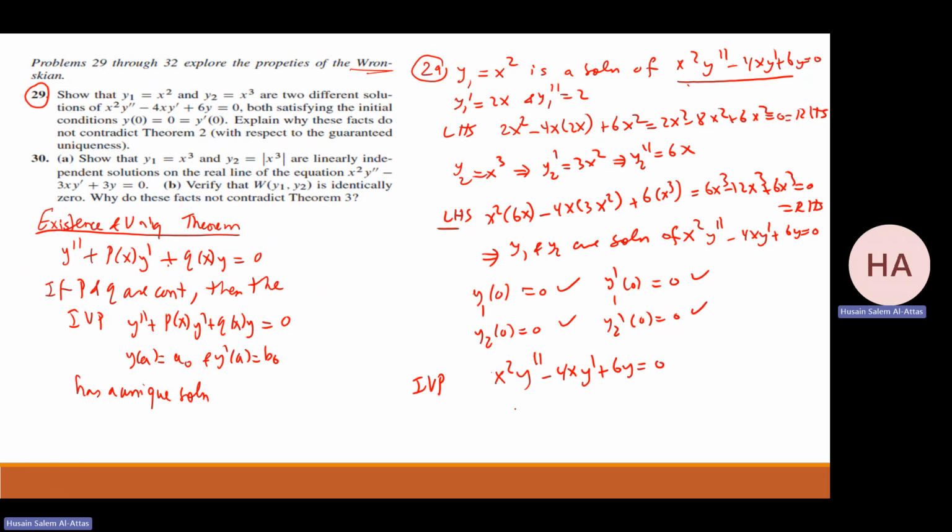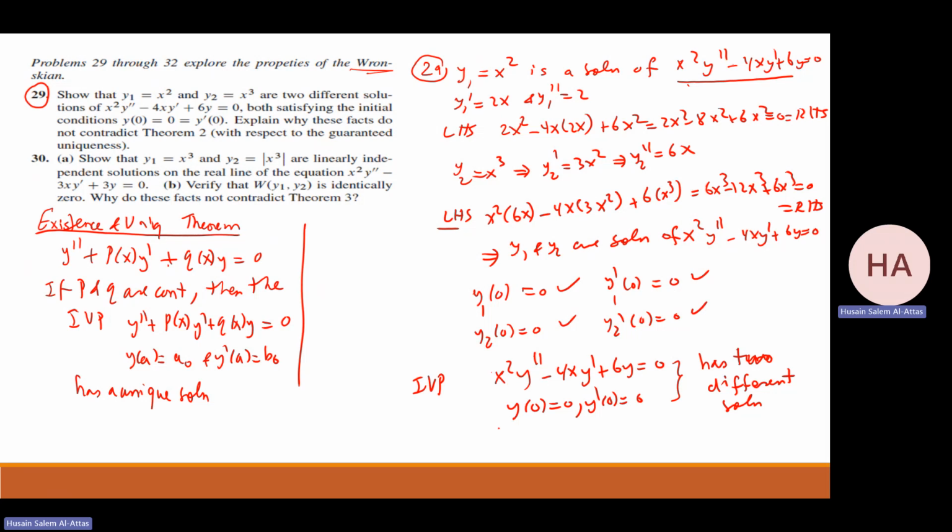So for this initial value problem, which is a differential equation with the conditions, it has two different solutions. It does not have a unique solution. Why does this not contradict the existence and uniqueness theorem? Very simple.